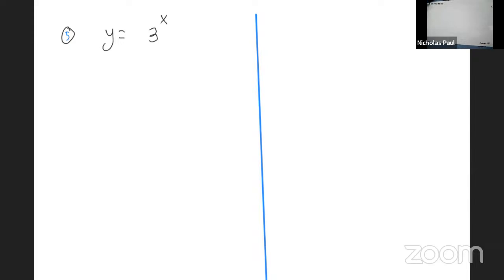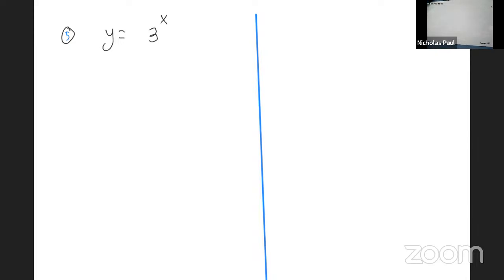Can't follow the steps? I'll show you this now. You don't have to work out ln 3, right?